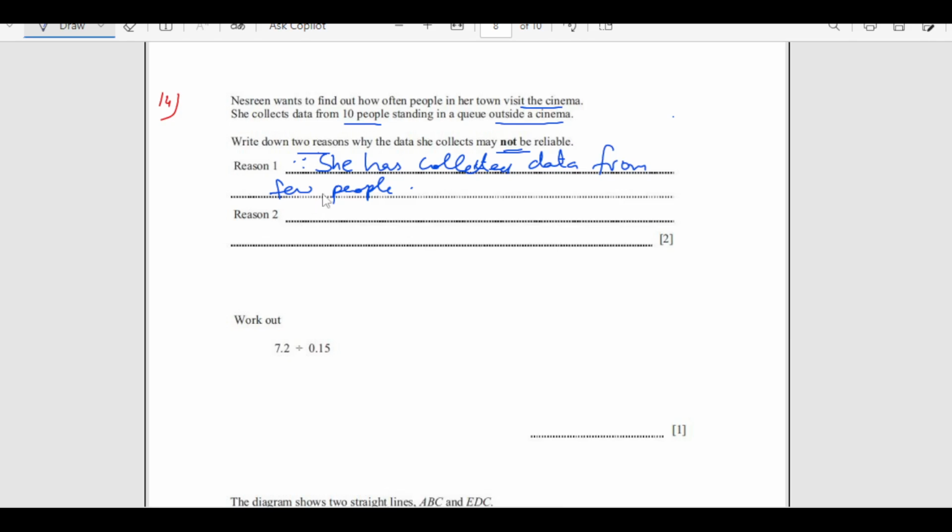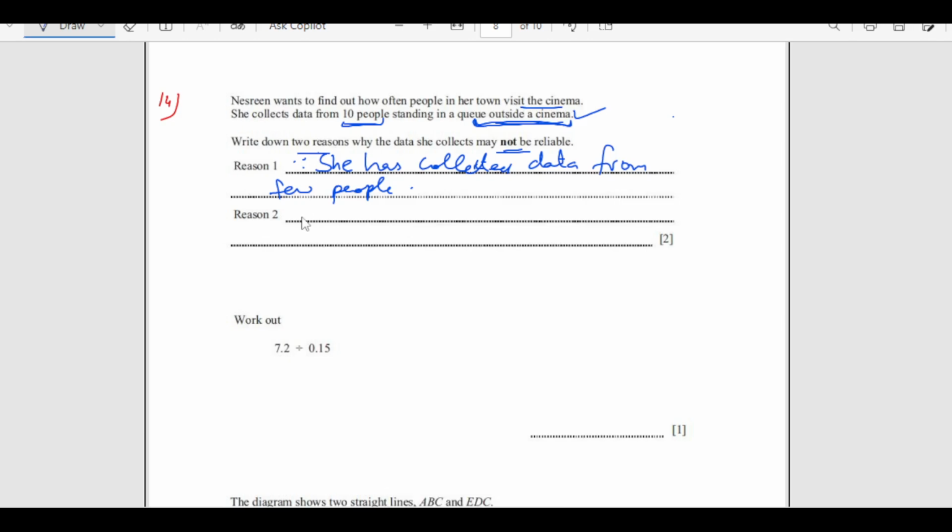Second reason, she collected data from 10 people standing in a queue outside the cinema. She just asked the people who are standing outside the cinema. She should ask the question of other people as well, not in the queue, but other people.